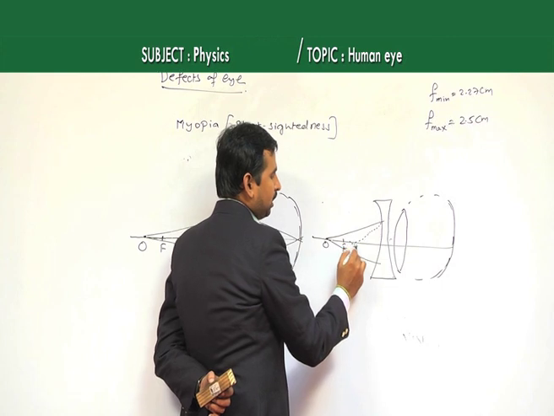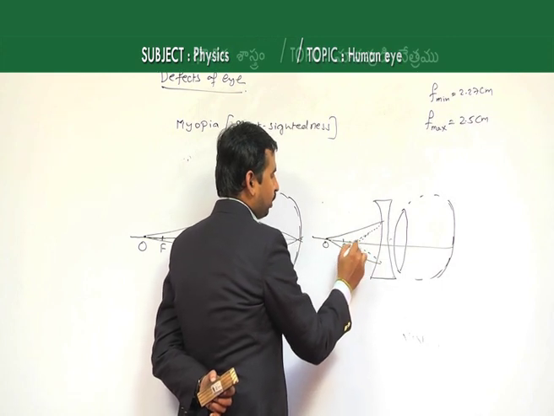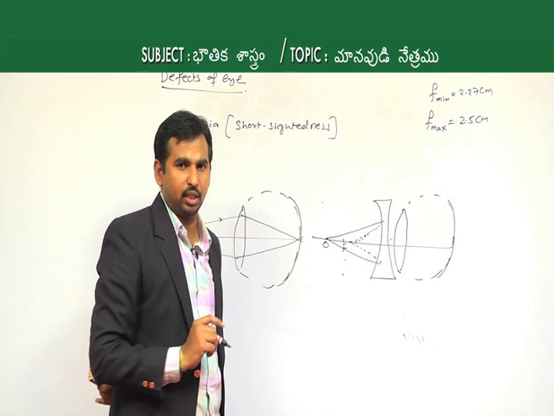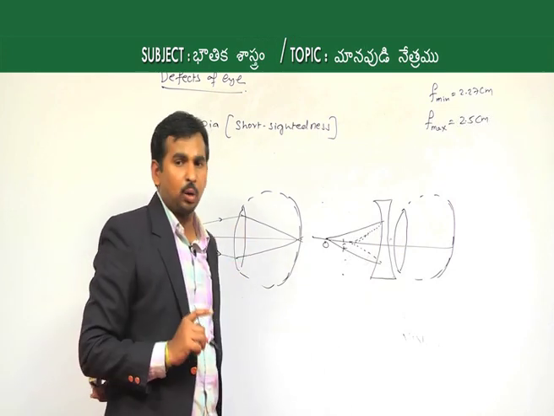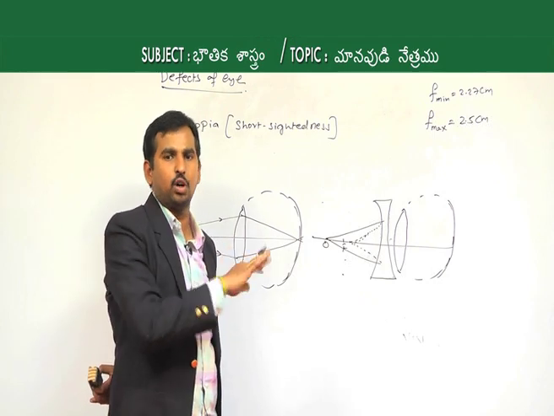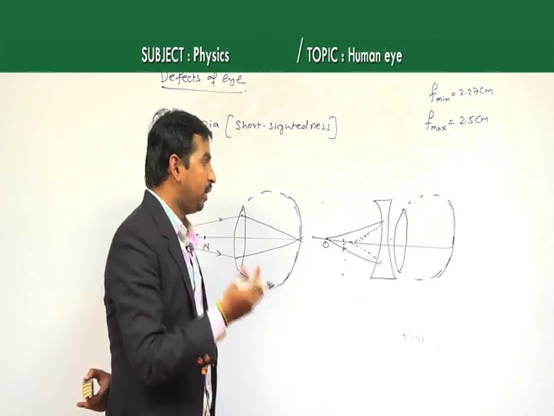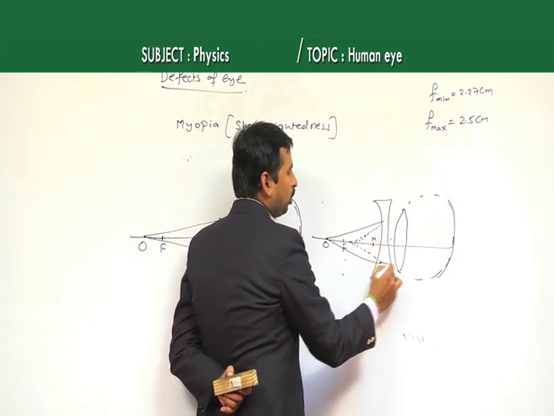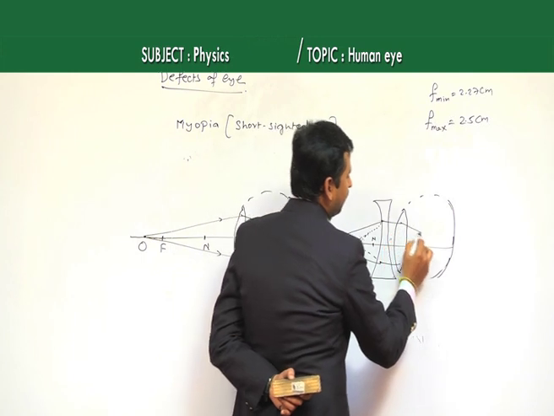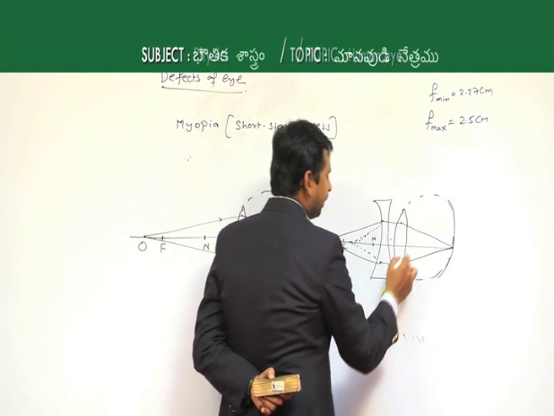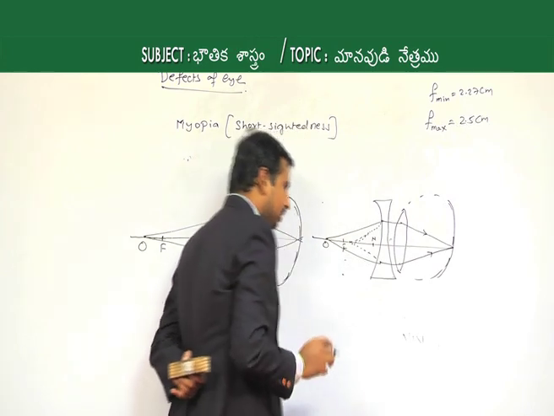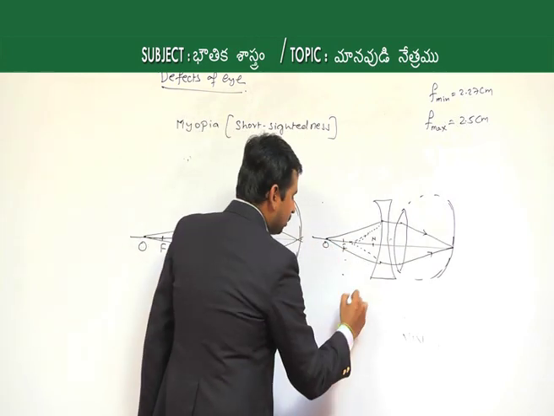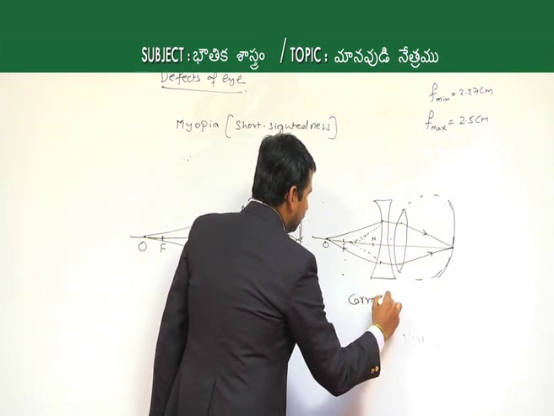So the image is formed before that only here, and if you are able to adjust that lens so that the virtual image formed by the concave lens is in between f and n, then we can see the object very clearly, so that the light rays are now meeting exactly on the retina here like this. This is the correction part required there. Okay. So, this is the corrected vision.